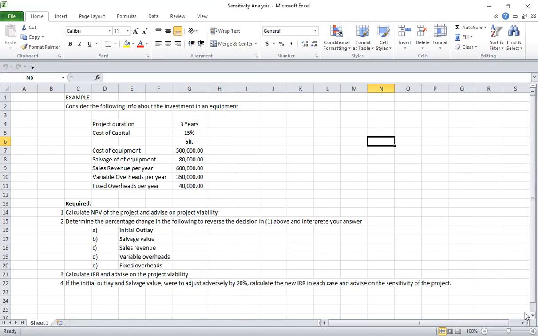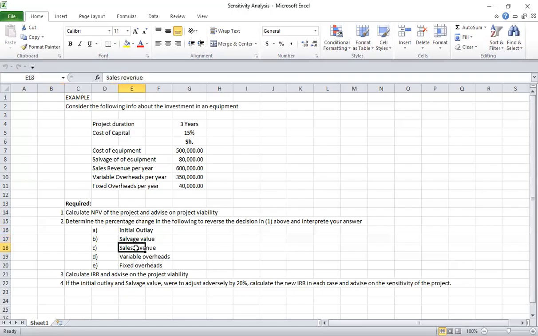And so the next thing we were to do is this number 2, where we are told to compute the percentage change in the following to then reverse the decision in one above, and then interpret your answer. 1, we have the initial outlay. Number 2 is the salvage value.